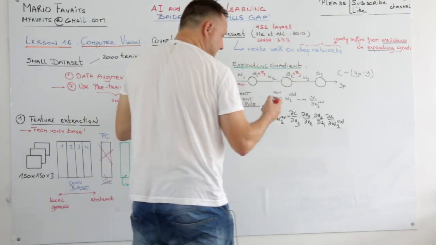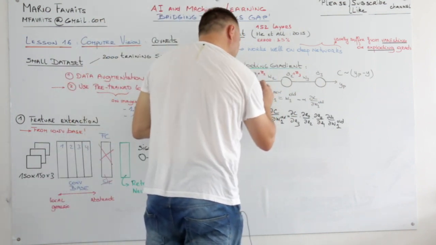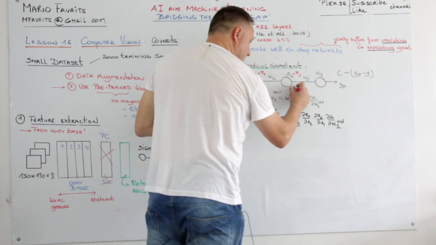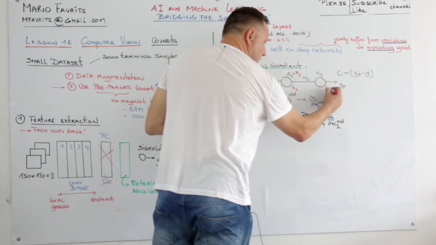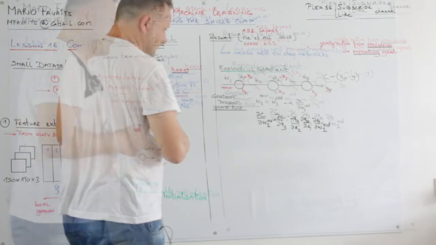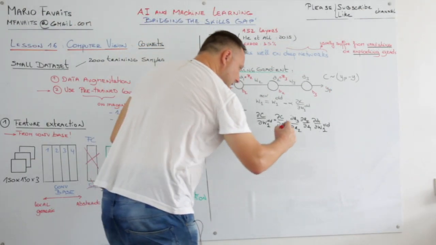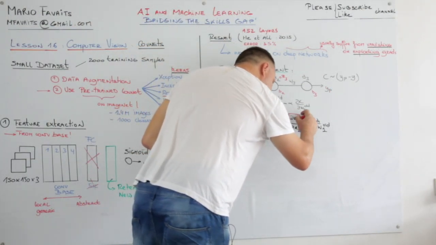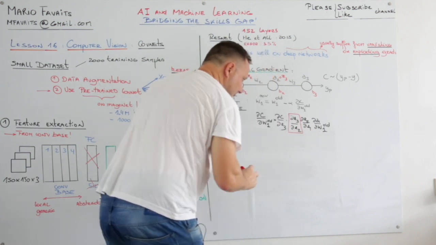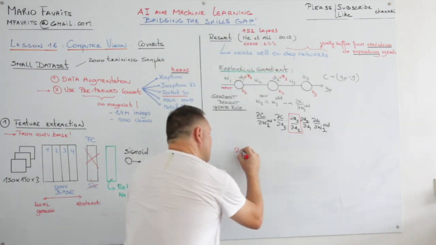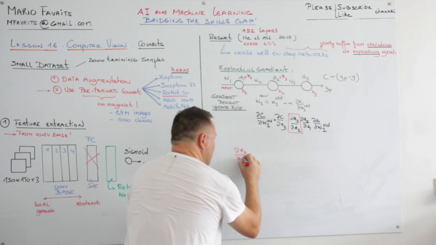So all of these also have biases, B1, B2, B3. Okay, so let's now take this term here. We have A3 with respect to A2.